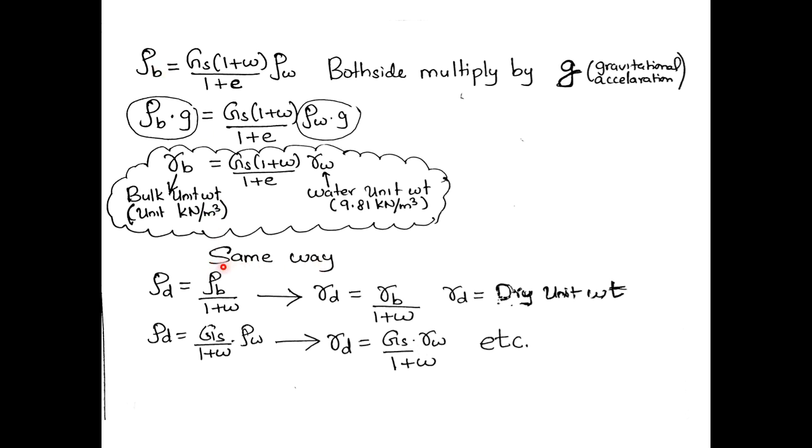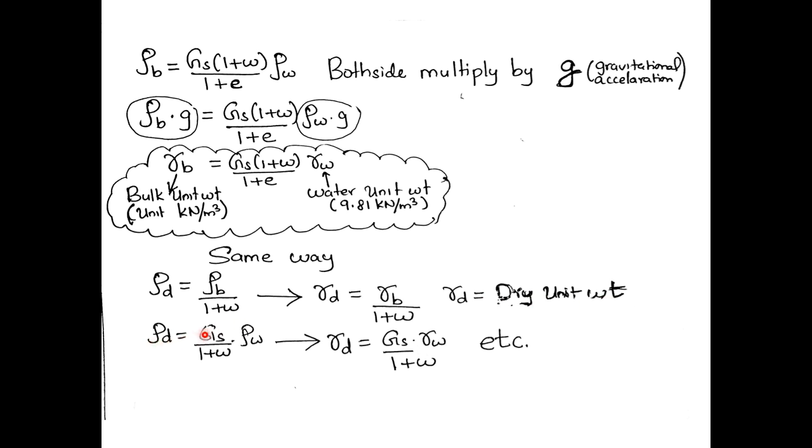In the same way, rho D is equal to rho B over 1 plus W, which changes to gamma D is equal to gamma B over 1 plus W. Instead of rho, we substitute gamma on both sides. Gamma D is the dry unit weight.